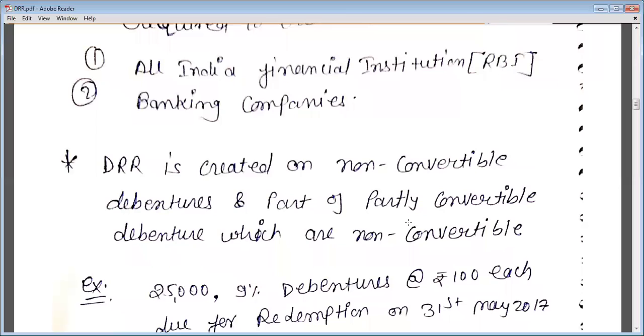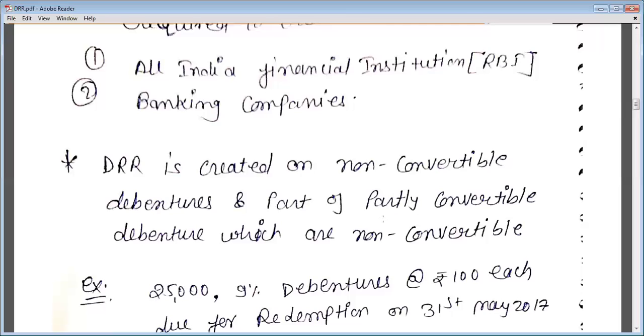So DRR has to be created only on non-convertible debentures. And in the case of partly convertible debentures, some part of the debentures can be converted into equities or any other securities, and some part cannot be converted.